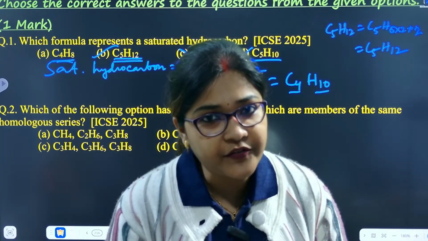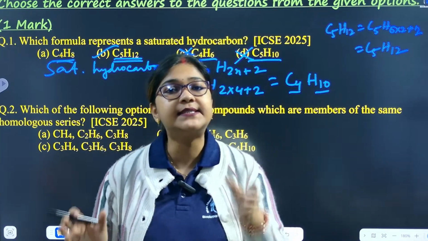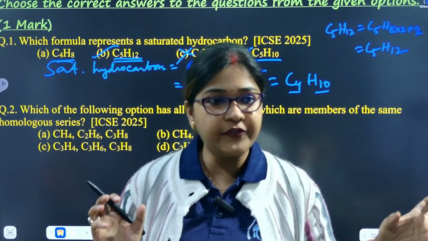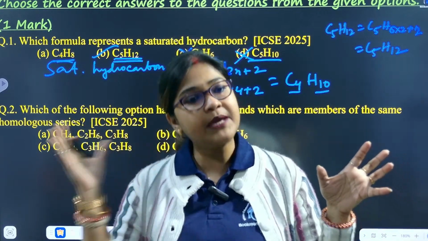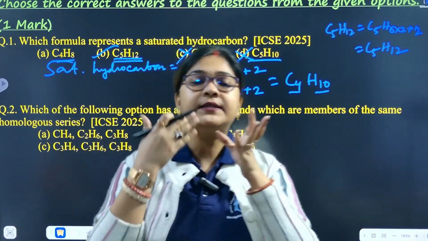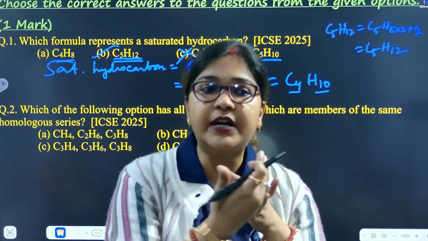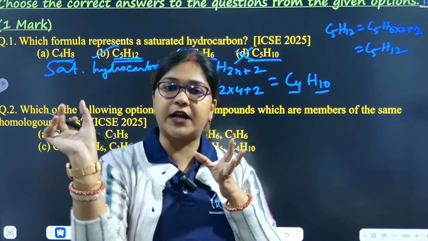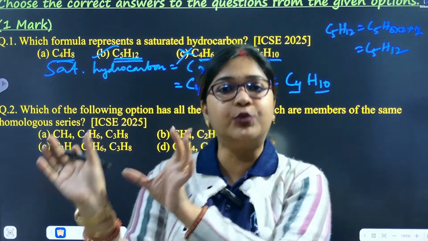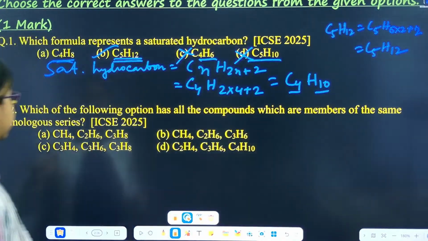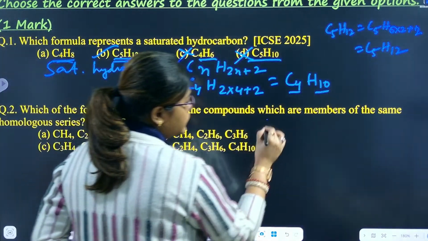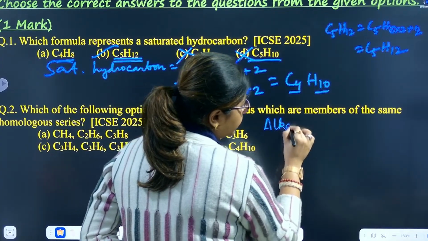It is a group of organic compounds which has the same functional group and same chemical properties, but the successive members differ by CH2 units. Okay. Now, in homologous series, you have what?